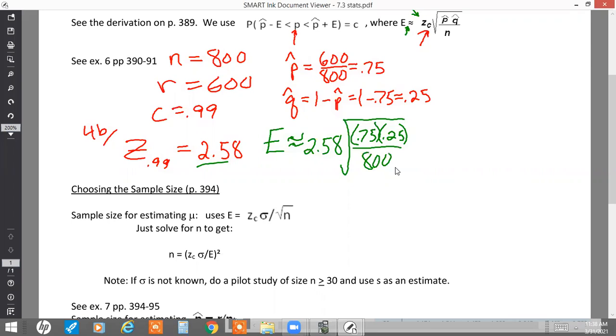And on your calculator, you plug that in. You get approximately 0.0395. Okay. Any questions so far on that?